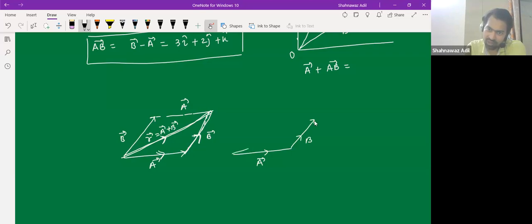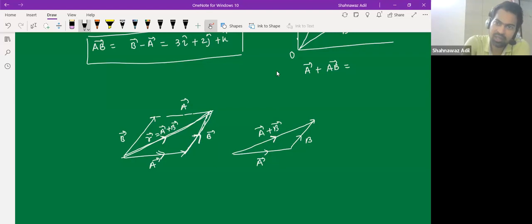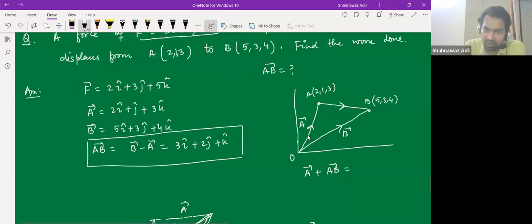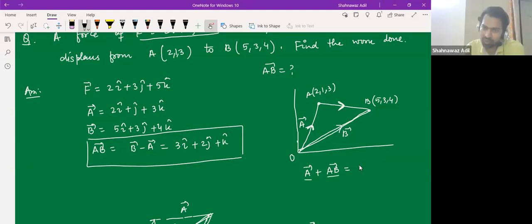Is this clear? Similarly, we are going from here. So this is this, and then this is this. So this plus this would be what? Clear? Yes, sir. So A plus AB would be B. So if I calculate AB, that would be B minus A. So we don't want to complicate things.